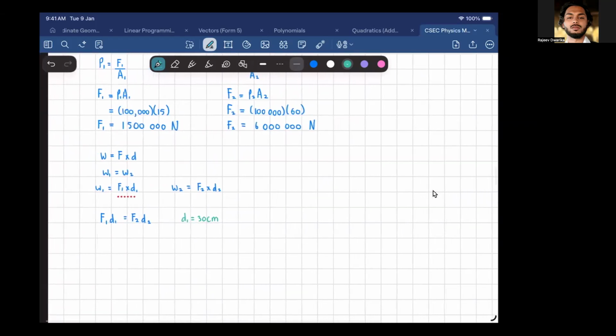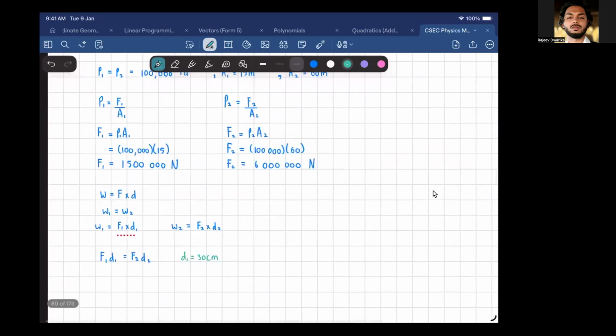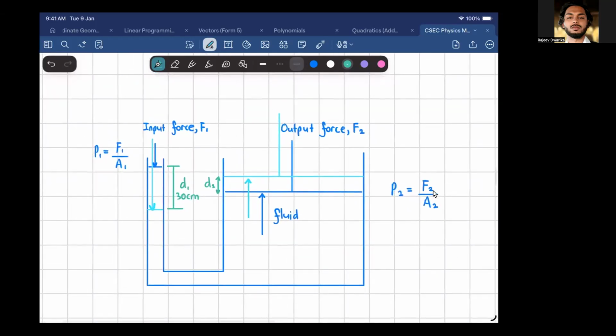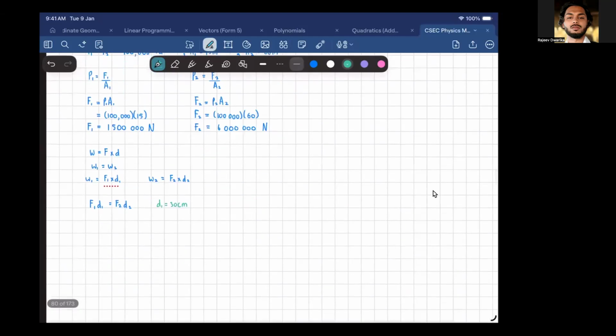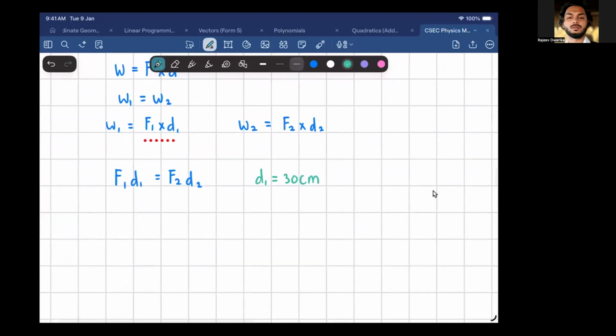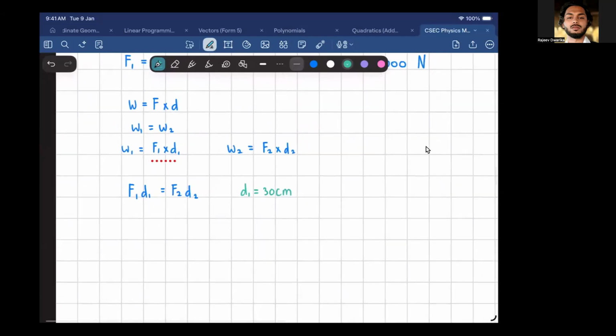So Shana, if our calculation and what we came up with is correct, should D2 be less than 30 or should it be more than 30? It should be less. We should see that it's less. Right.